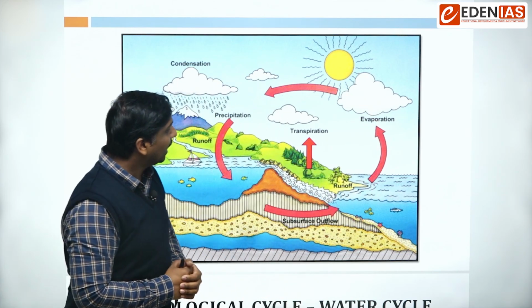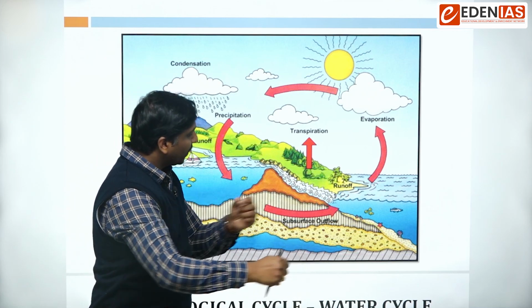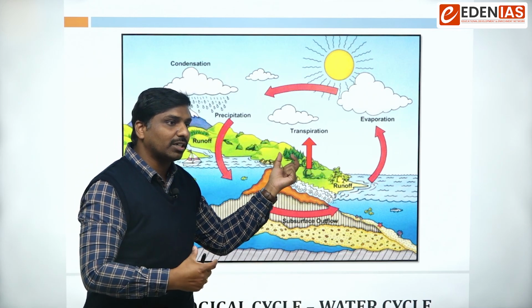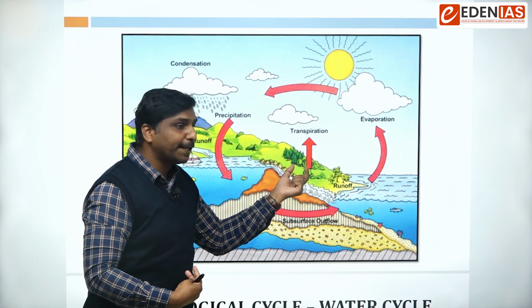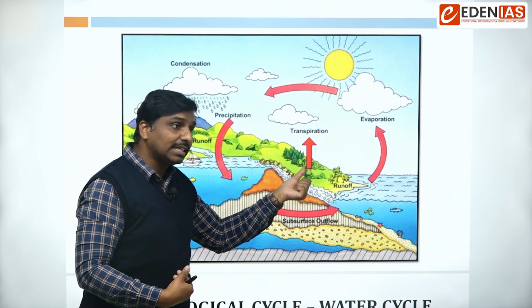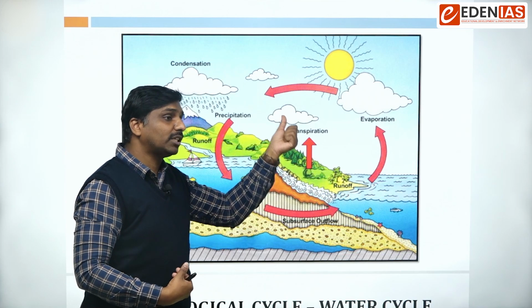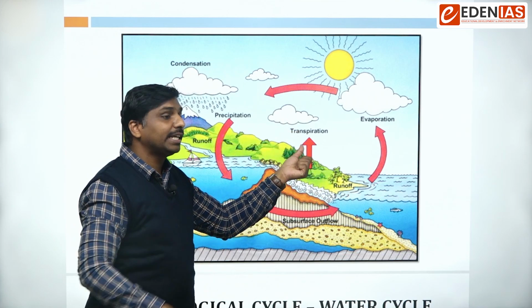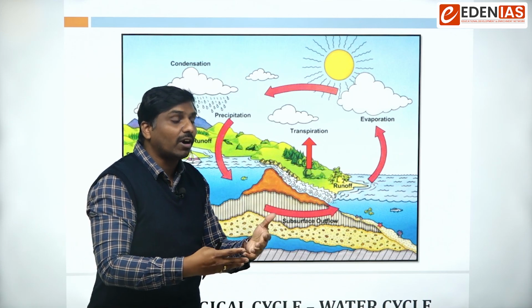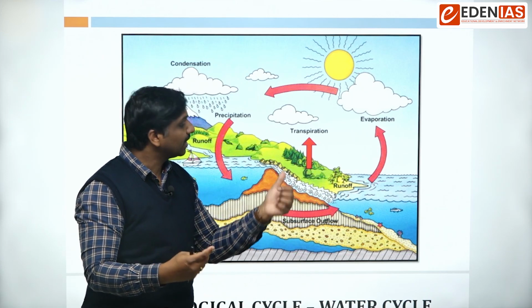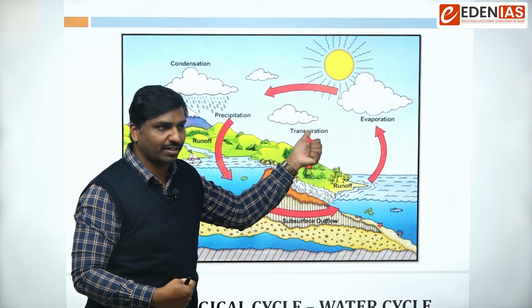Okay. Then the next process: some amount of water is absorbed by the plants, and the water that is present in the plant would be further released into the atmosphere in the form of gas. So release of water or loss of water from the leaves of the plants is nothing but transpiration.